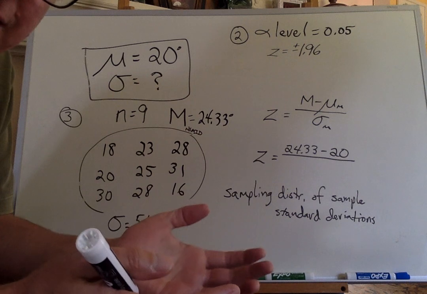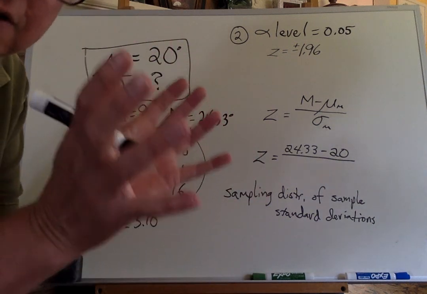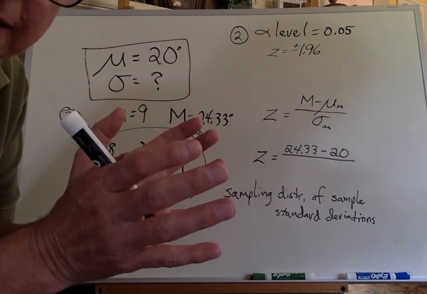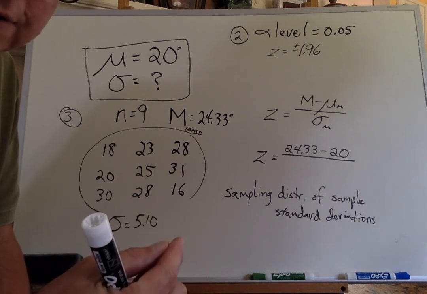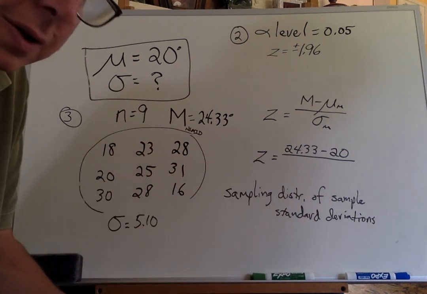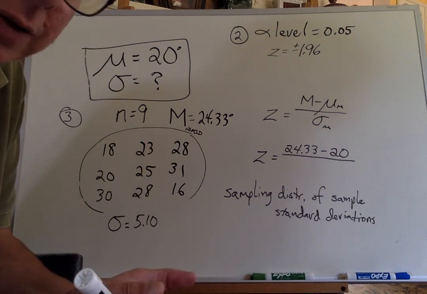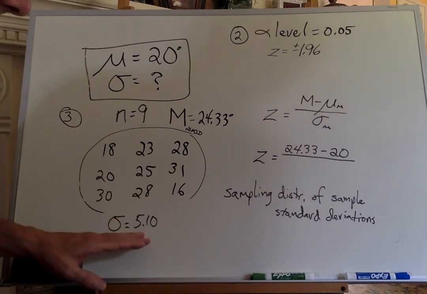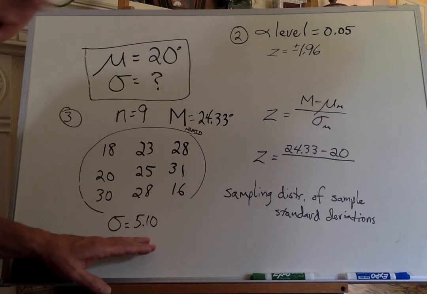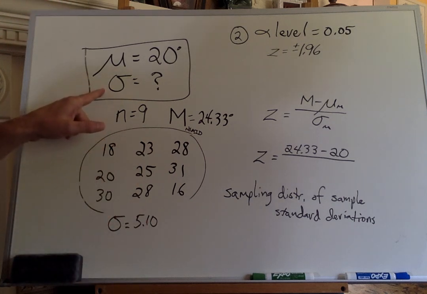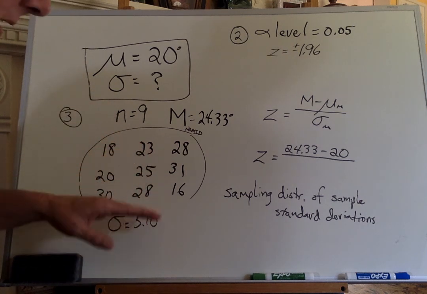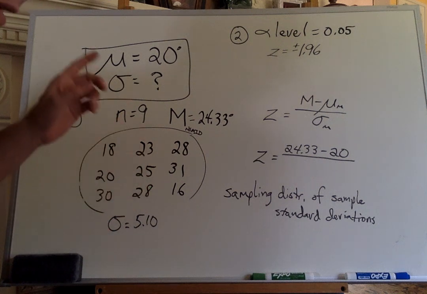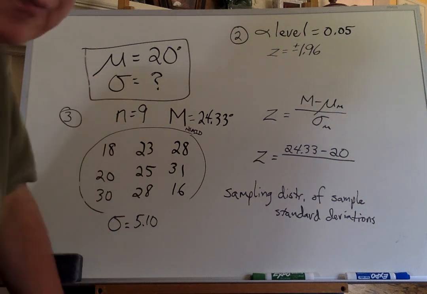So when we talk about that canvas bag, there is a certain standard deviation in that canvas bag. Samples tend to be a little bit smaller than the standard deviation of what's in the bag. So this ends up being an underestimate of this. This, for this sample of 9, tends to underestimate the population variability.